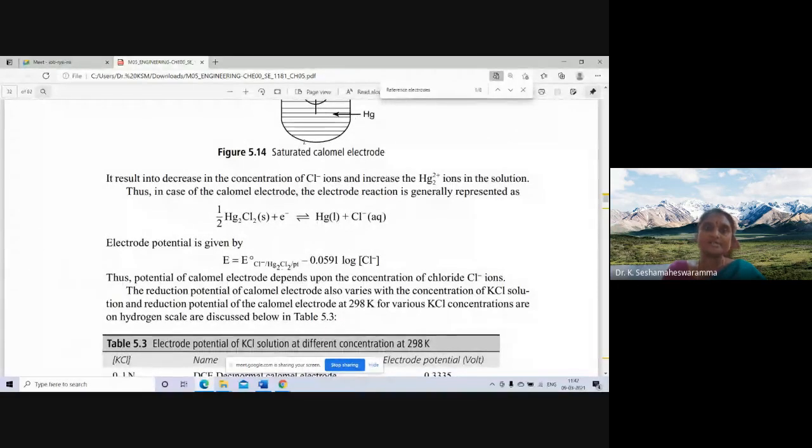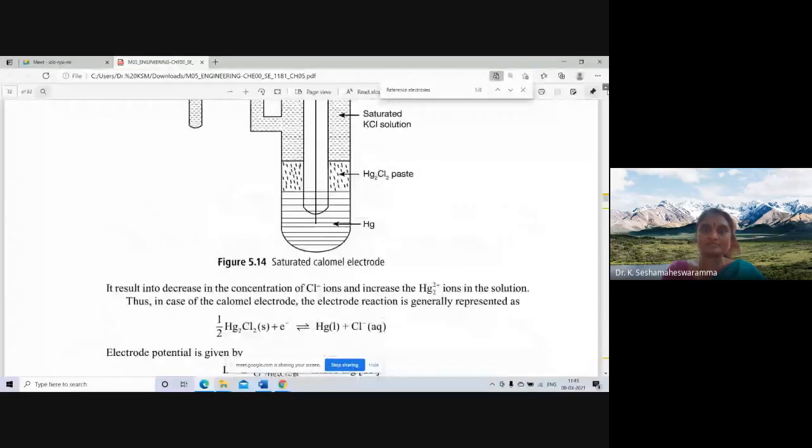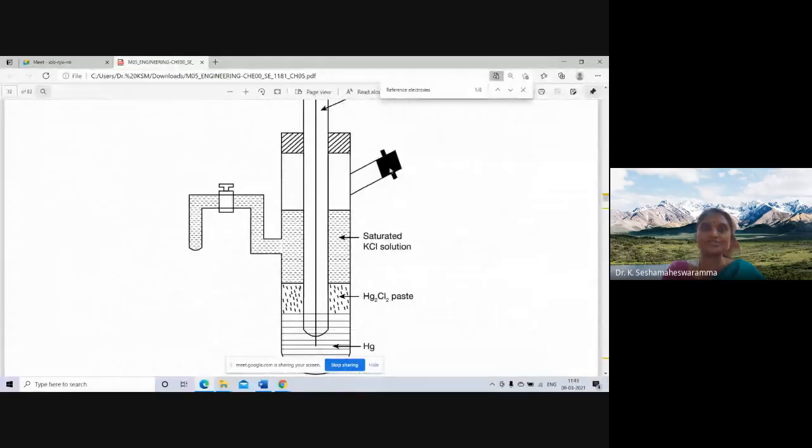This is the glass tube having mercury, and also side tubes. This is the potassium chloride solution. This is the mercurous chloride paste.